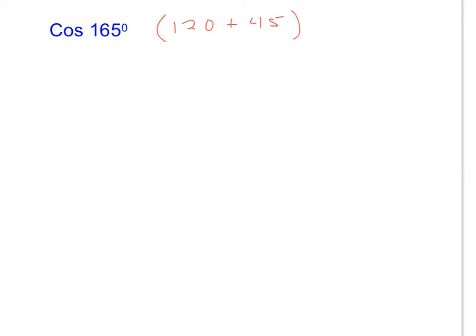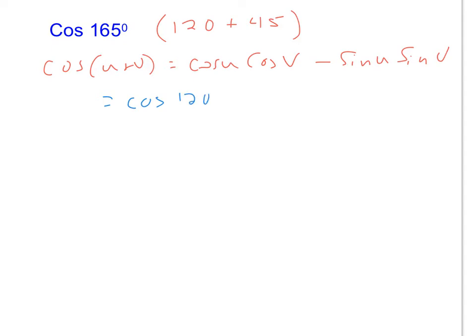So I'm going to use my sum formula for cosine: cosine of u plus v is equal to cos u cos v minus sine u sine v. Now I replace u with 120 and v with 45. So this is equal to cos 120 times cos 45 minus sine 120 times sine 45.